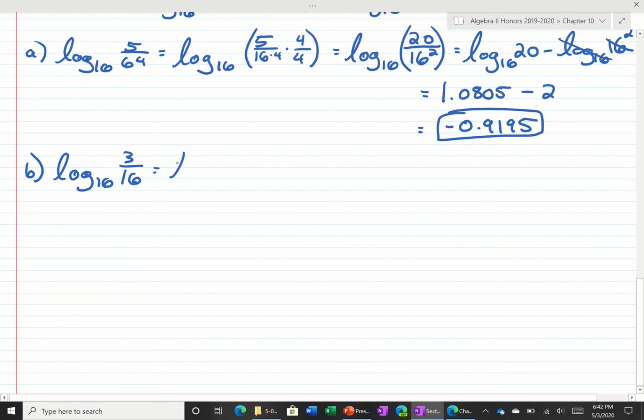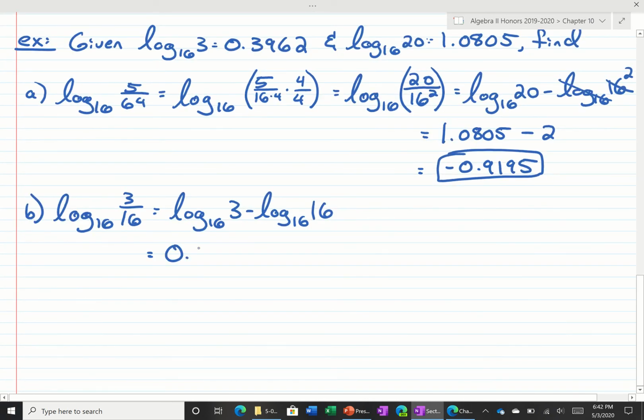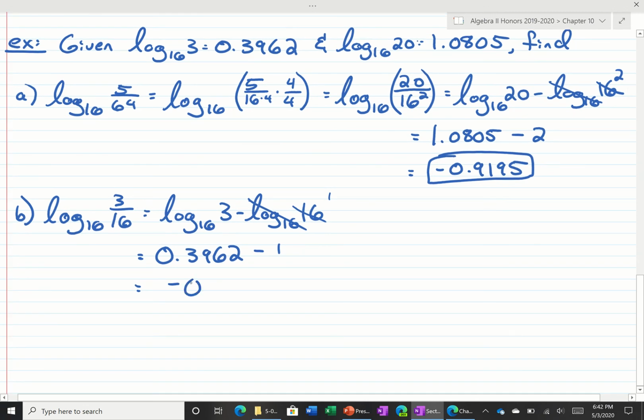Well, that's just a basic quotient property, log base 16 of 3 minus the log base 16 of 16. Log base 16 of 3 is 0.3962. This is an inverse property, so you're just going to get 1. And if you type that into your calculator, this would just be negative 0.6038.